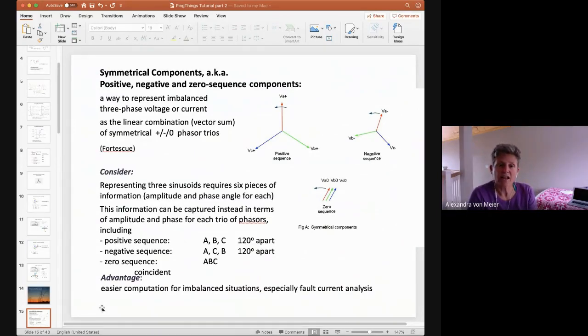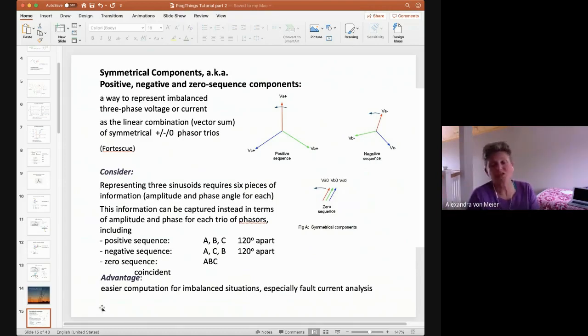There is a very concise representation of three-phase voltages and currents that basically separates your three pieces of information into information that tells you about the balanced condition of the system, that's the positive sequence, plus two pieces of information that tell you about the distortions of your three-phase system.